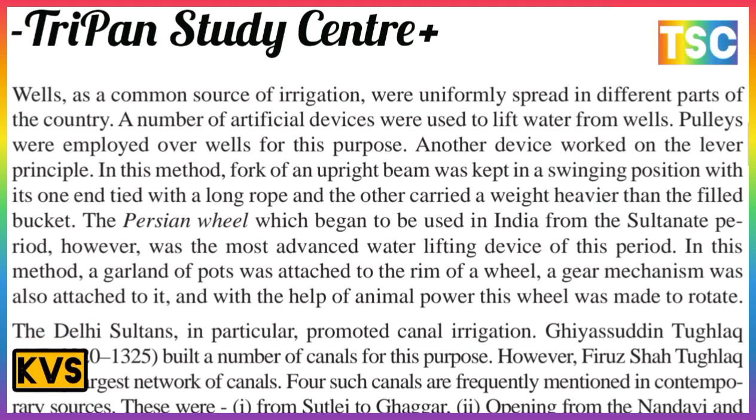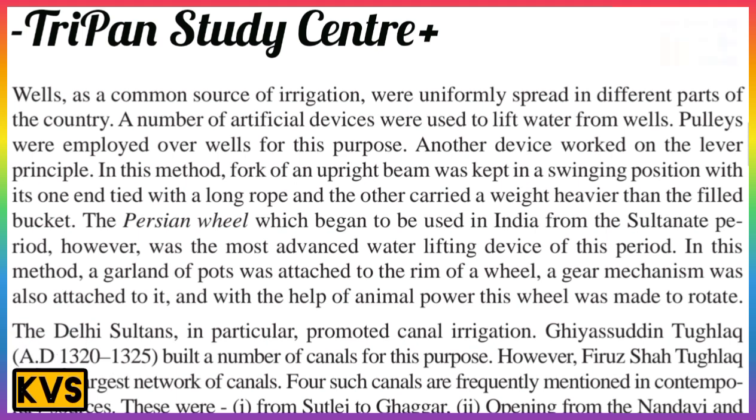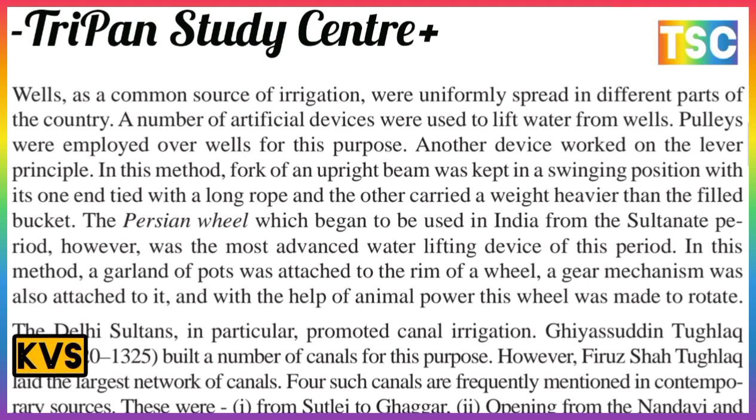In this method, the upright beam was kept in a swinging position with one end tied with long ropes and the other end carrying a weight heavier than the bucket. The Persian wheel began to be used in India from the Sultanate period. It was the most advanced water lifting device of this period.